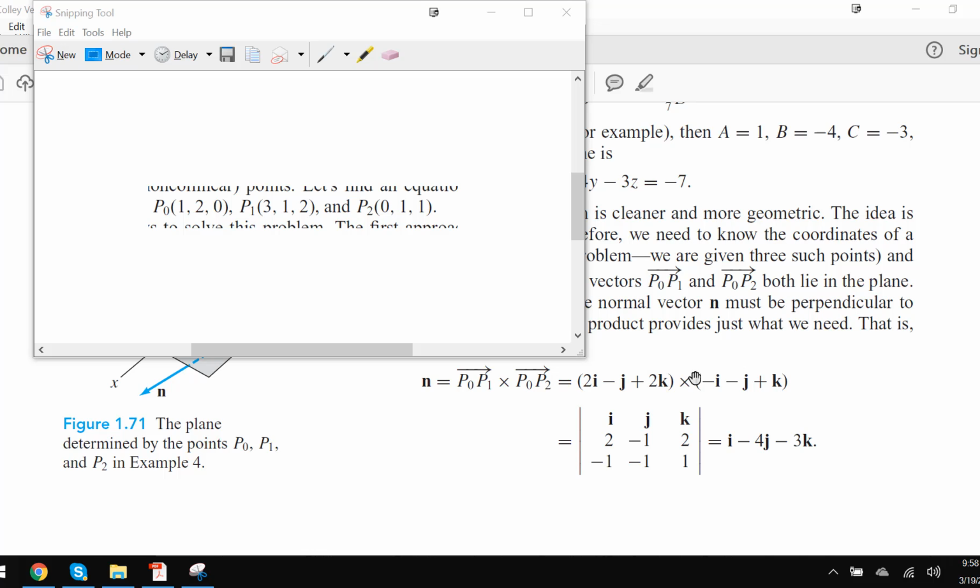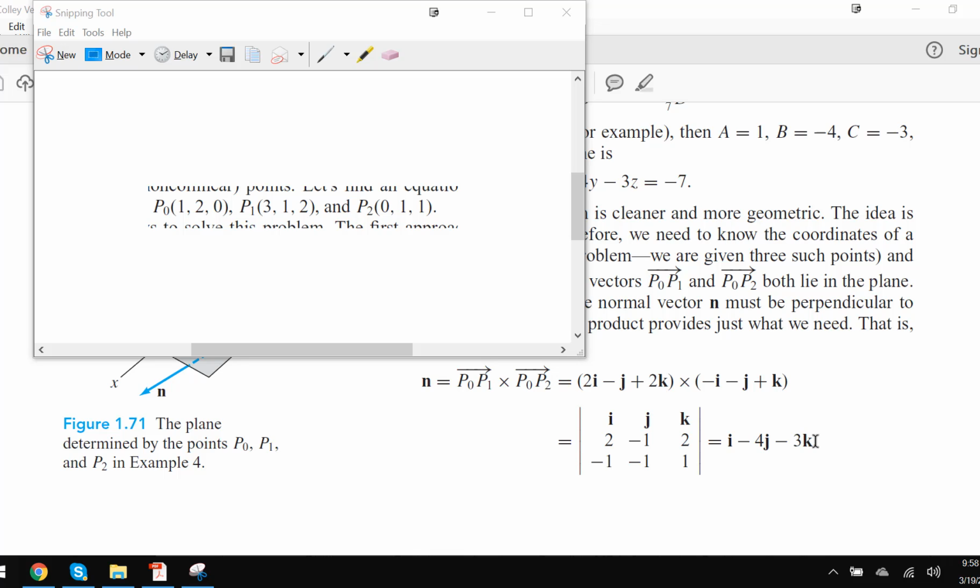Then we want to take the cross product of these 2, and we have to remember how to do that. So remember, we put this one in the second row, and this one in the third row, and then we put ijk up top, and then we do the determinant, and after you do all the work, you end up with this, and this is therefore a normal.